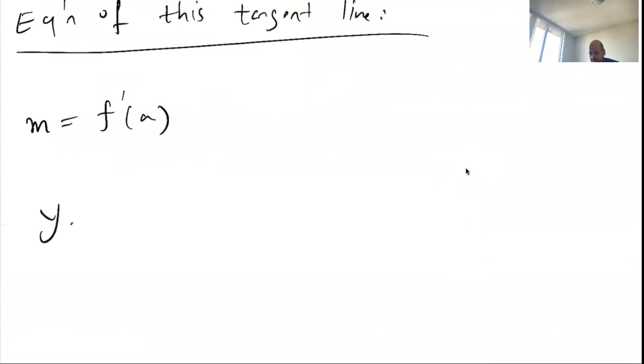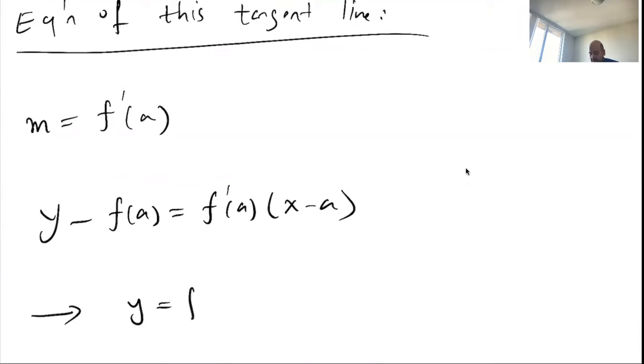So the equation of the line will be y minus f of a equals f prime of a times x minus a. If I take f of a to the other side, y equals f of a plus f prime of a times x minus a.